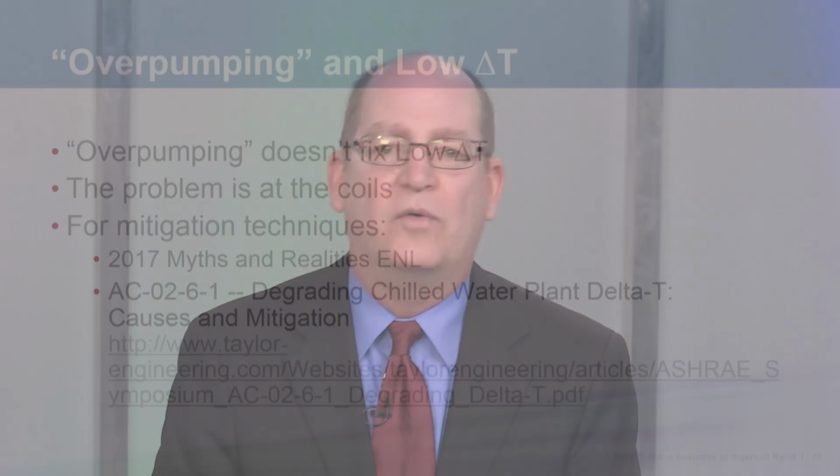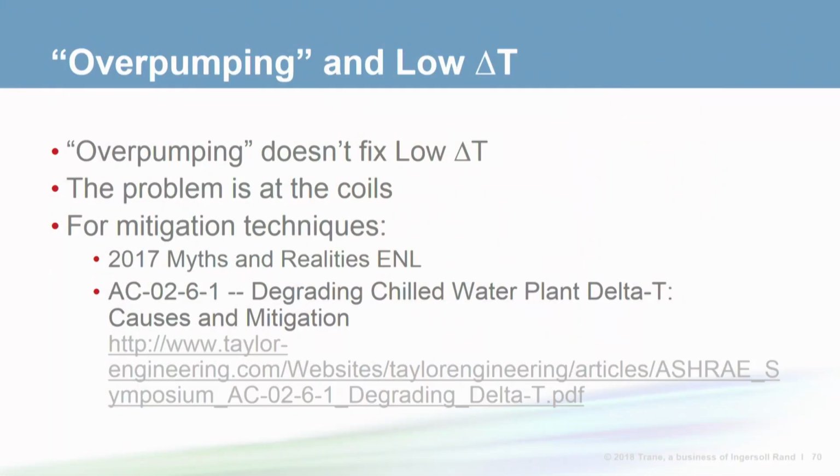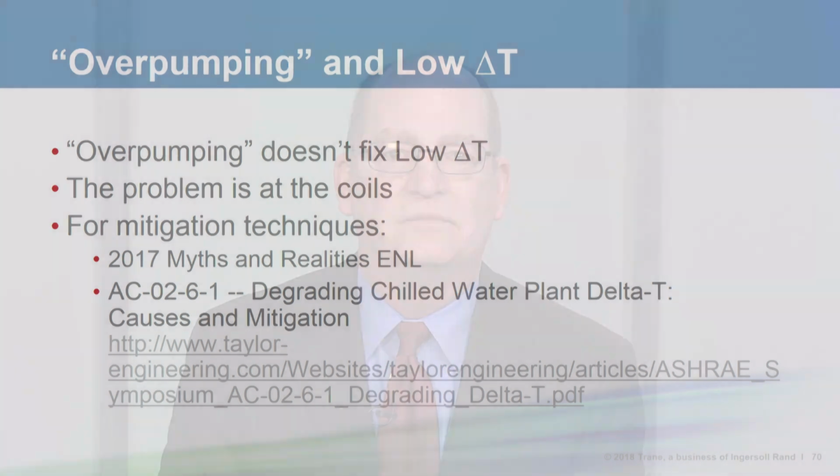As Bill Coad, ASHRAE presidential member, pointed out in his August 1998 HPAC article, correcting the return water temperature problem must take place in the system at the coils, not the chilled water plant. For information on mitigating these problems, see the 2017 ENL on myths or realities, or the article shown on the slide.